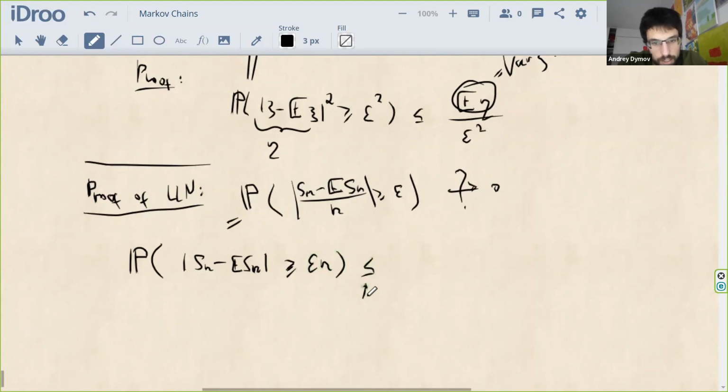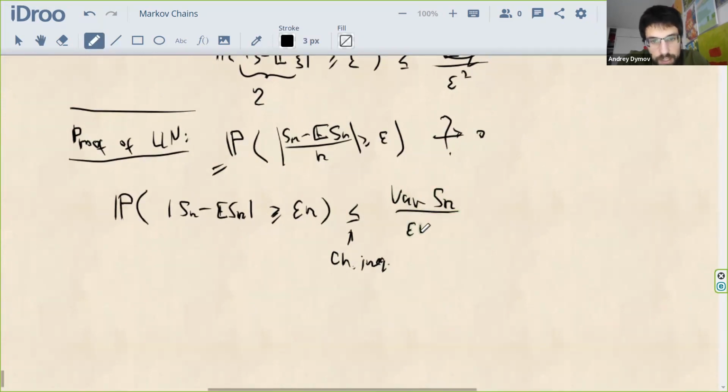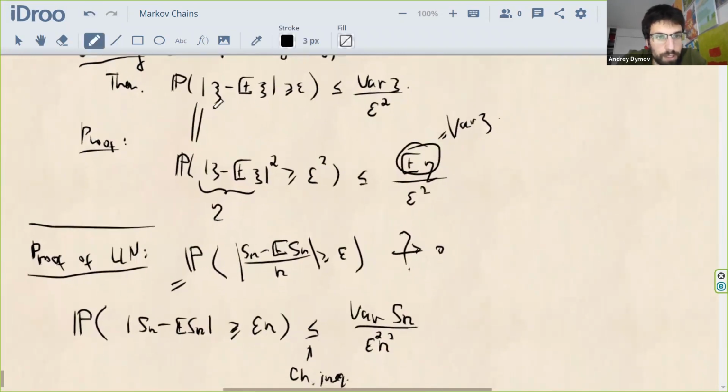And by the Chebyshev inequality, it is bounded by the variance of Sn over epsilon squared times n squared, right? Right. This is indeed just the Chebyshev inequality.